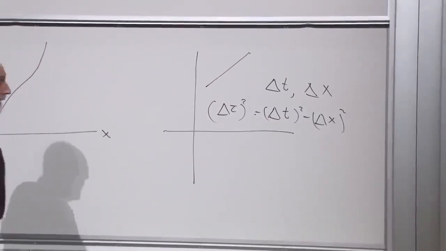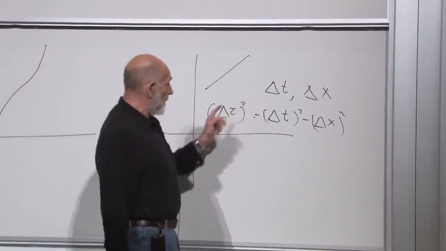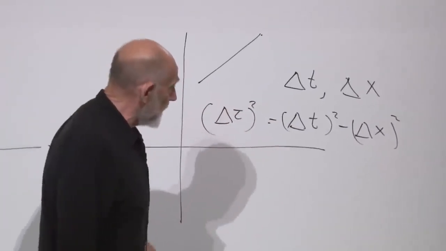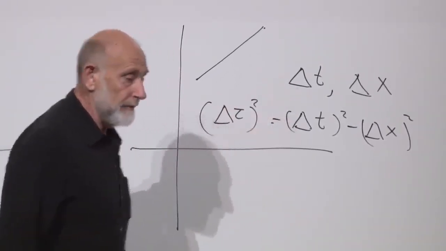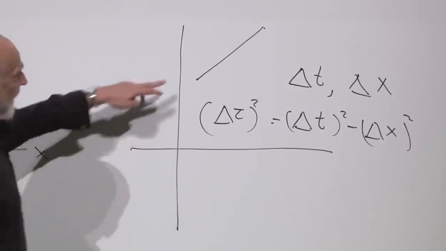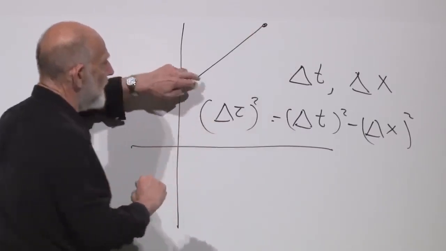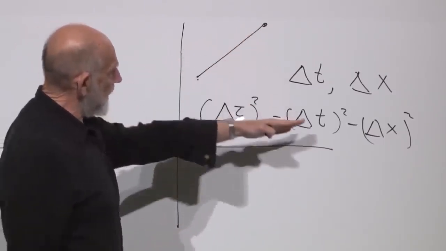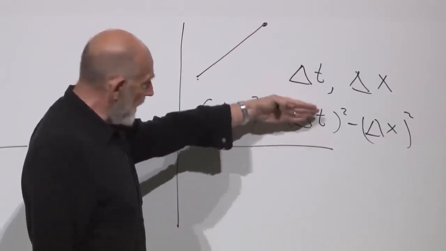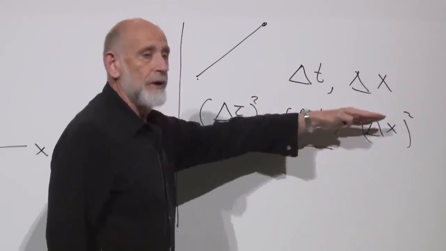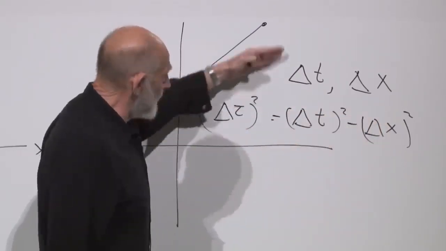Now, this quantity which I've written as delta tau squared can clearly be positive or negative. It is positive if the separation between these points is such that the t interval is larger than the spatial distance between them.